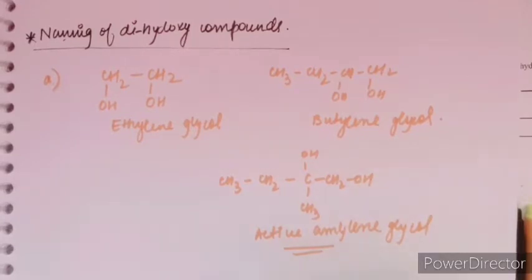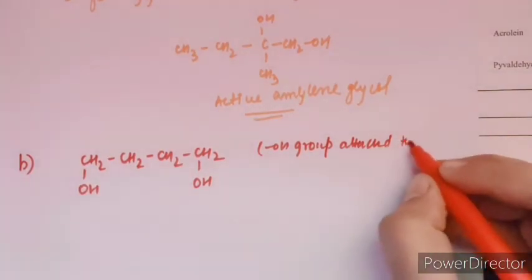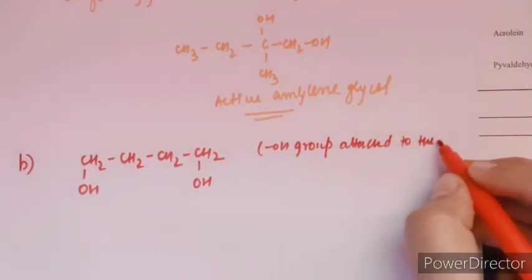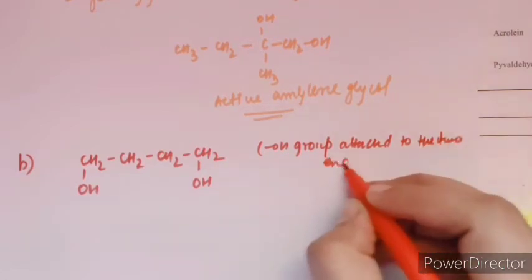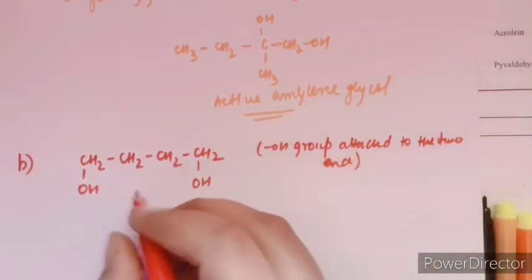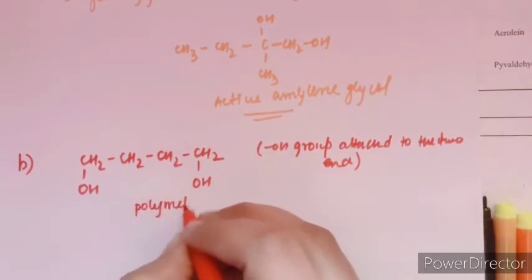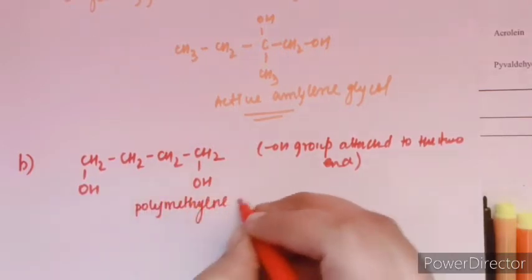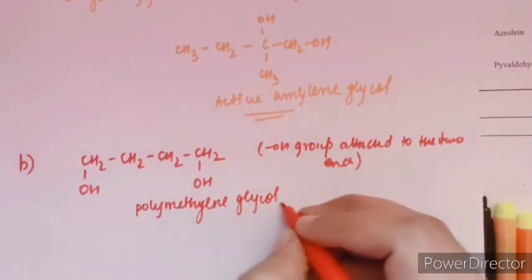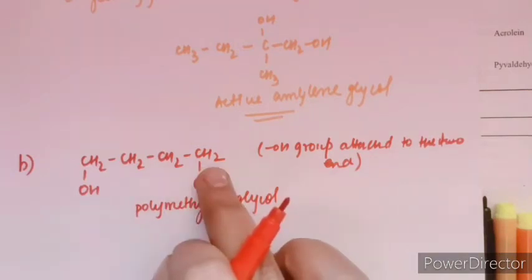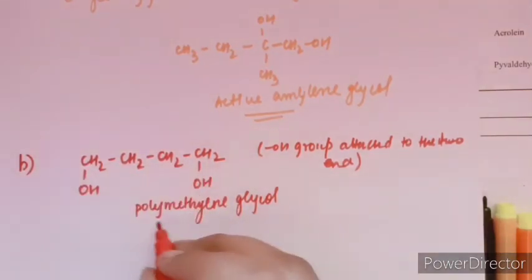The two OH groups are attached to the two ends, so the name should be polymethylene glycol, and the poly means the number of CH2 groups attached in the chain.